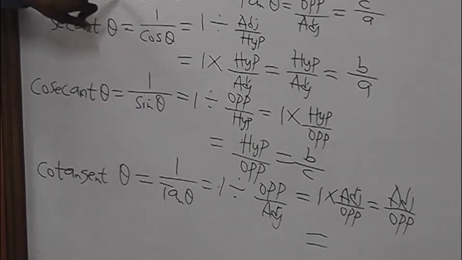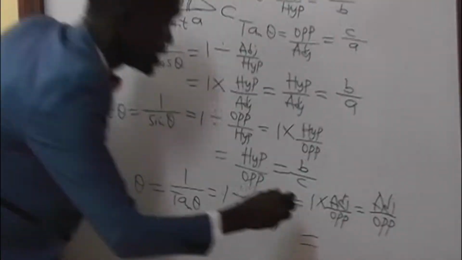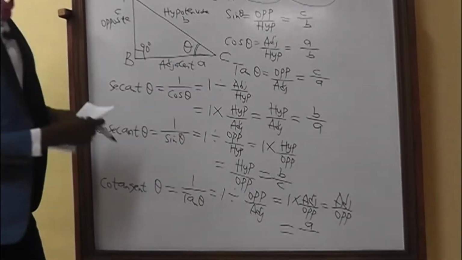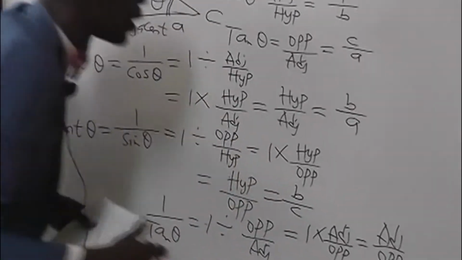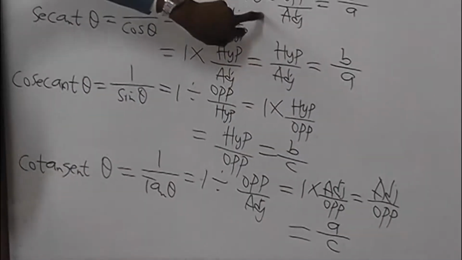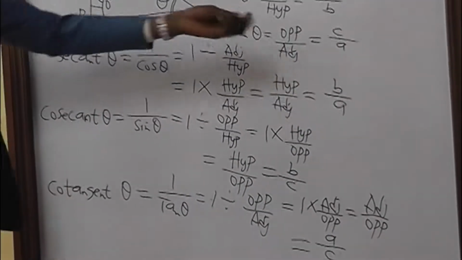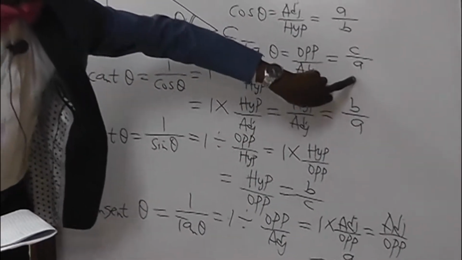And if you relate that to this triangle, adjacent is A, then the opposite side is C. And if you relate this and tan, you notice that the inverse is simply taking the denominator.